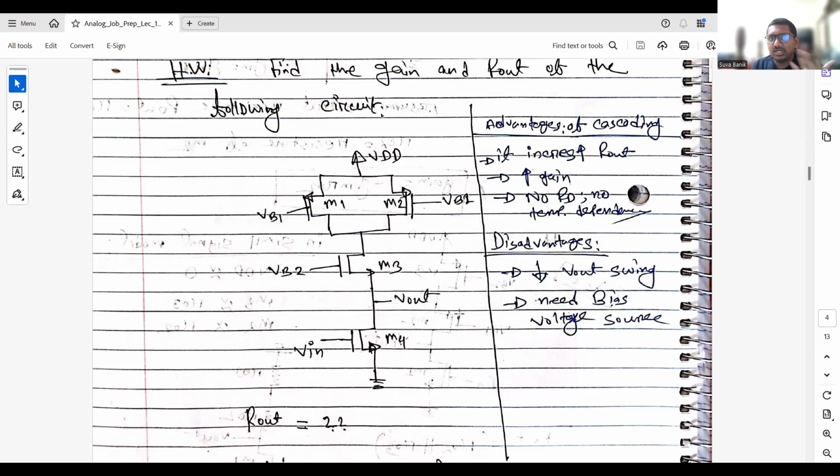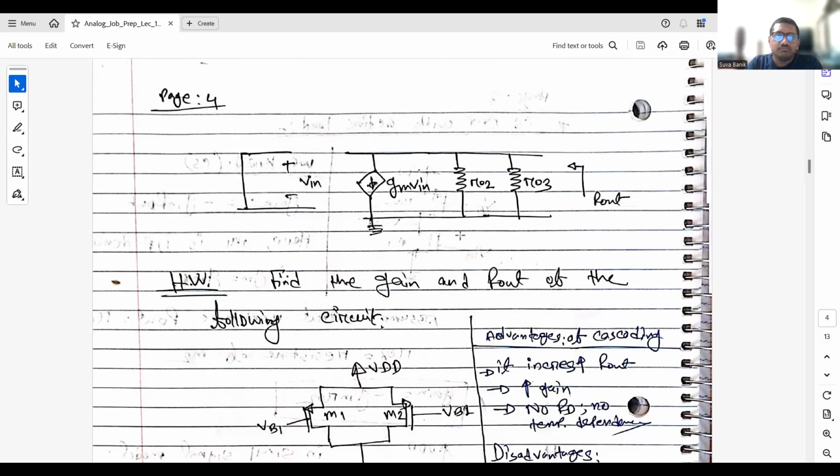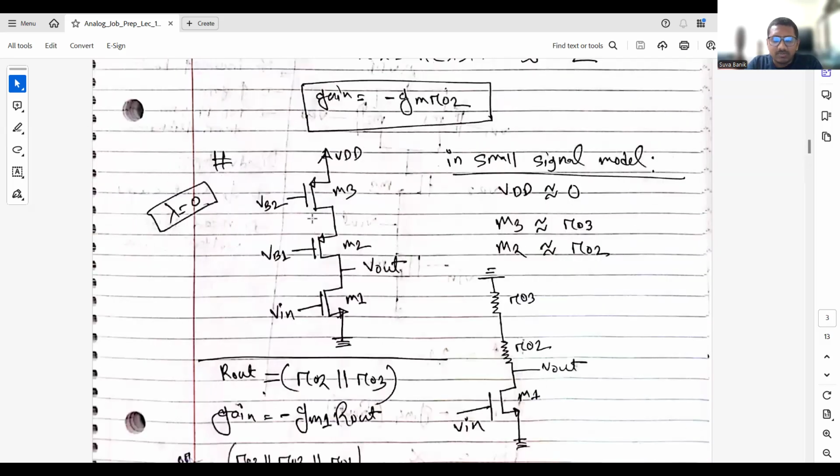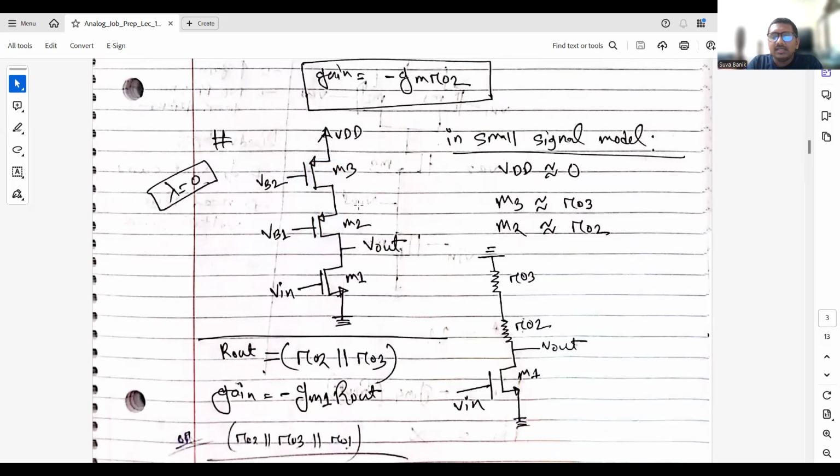If temperature changes, the value of a resistance may increase or decrease, so our gain will not be stable. If we replace this resistance with an active source, then we can find a more stable gain.